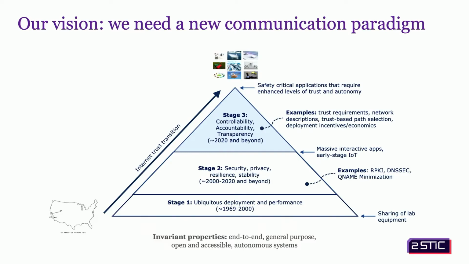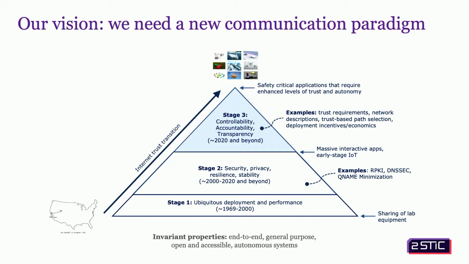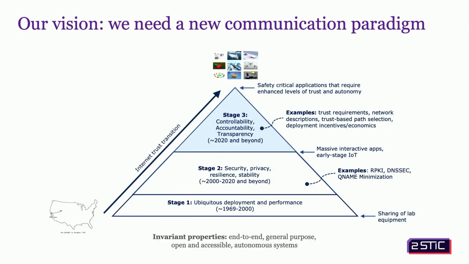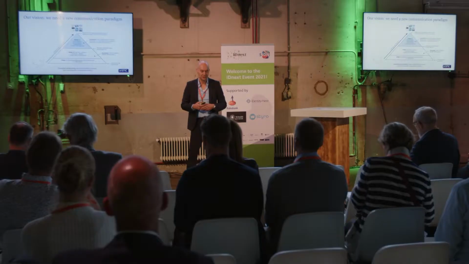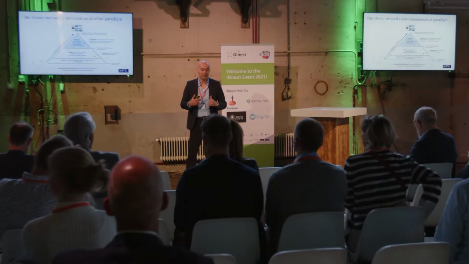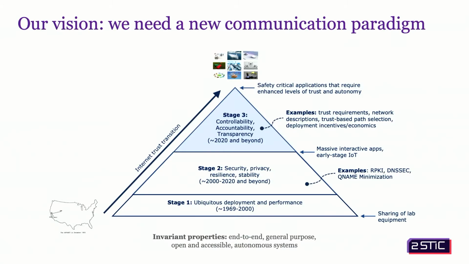Then since roughly the 2000s to 2020s, we realized, well, security wasn't really part of the original design, nor was privacy, so perhaps we need to do something about that. And then there was a lot of discussion about protocols that needed to be added, security extensions for the routing system, the domain name system, certificates, that sort of thing. So that was basically stage 2, at least, that's how we see it. And then we think that stage 3 would really make the internet infrastructure more transparent, accountable, and controllable.